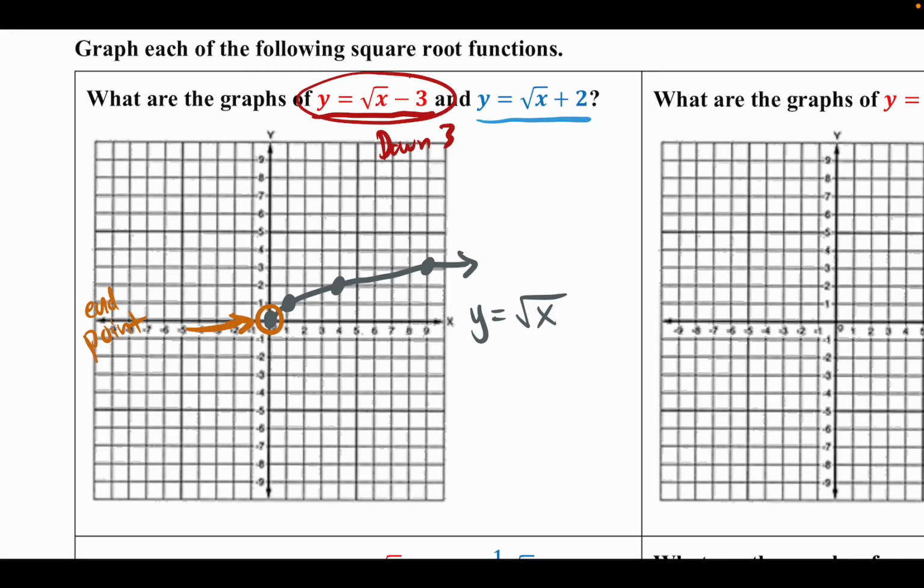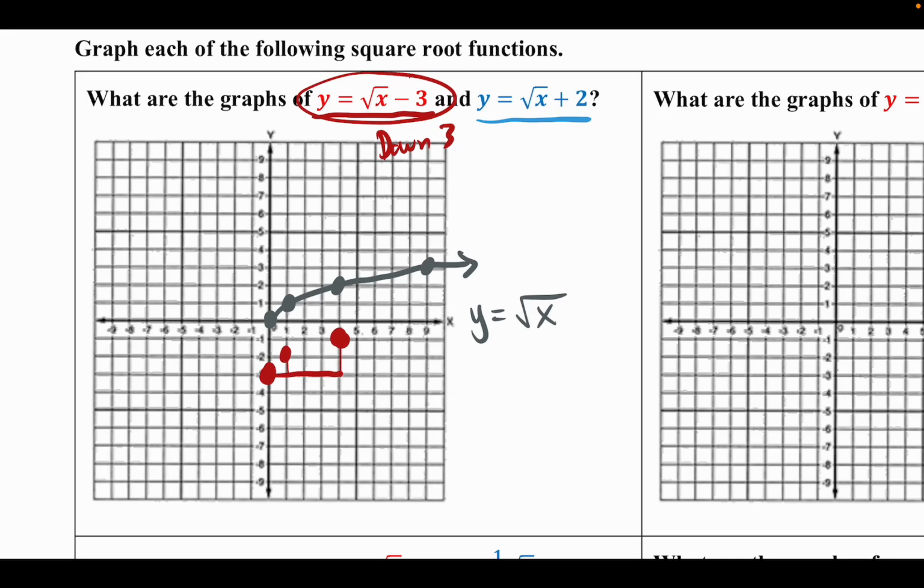So to graph it, I'm just going to move that endpoint down 3 units, which brings the endpoint right here. And then I can follow the same pattern of going over 1 and up 1, because the square root of 1 is 1. Then if I go back to the endpoint and count over 4 units, I can go up 2 because the square root of 4 is 2.